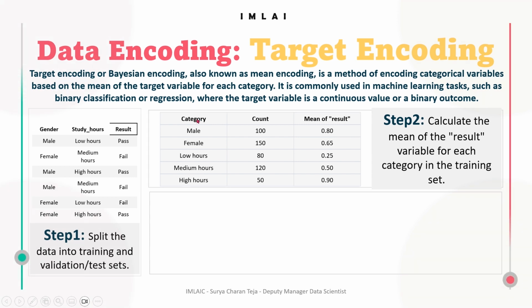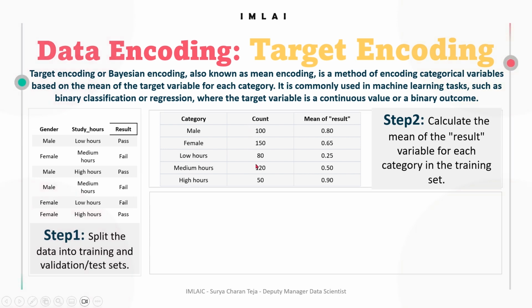We have a total of 5 categories: male, female, low hours, medium hours, high hours. Out of the 2 categorical variables, we got the 5 categories. Now let's do the count of each category. Male we got 100, female 150, low hours 80, medium hours 120, high hours 50.